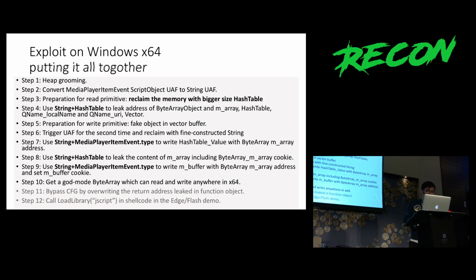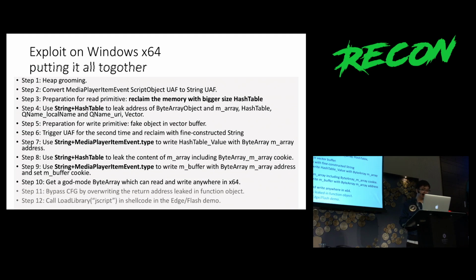And then in step 6, we trigger the use after free again with the find constructor string. In step 7, we use string and MediaPlayerItemEvent type to write the HashTable value with the memory address.